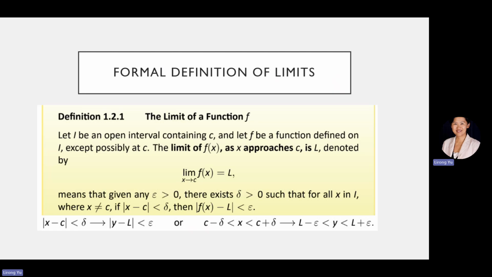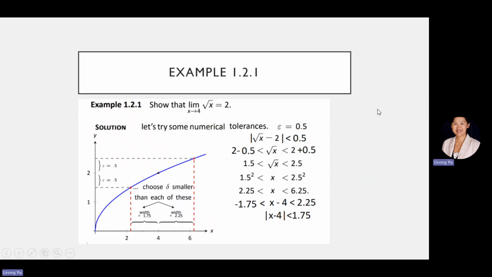If x affects y in a way that makes the y value approach a certain number, then the limit exists. If the change in x does not cause y to approach anything, then we would not have a limit. There are three scenarios that we talked about yesterday. All right, so let's look at how it works.